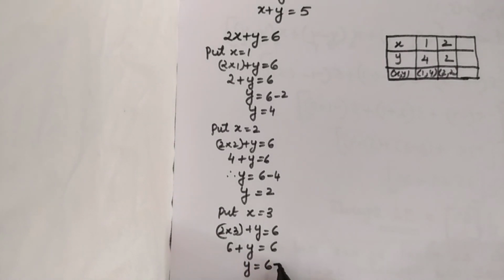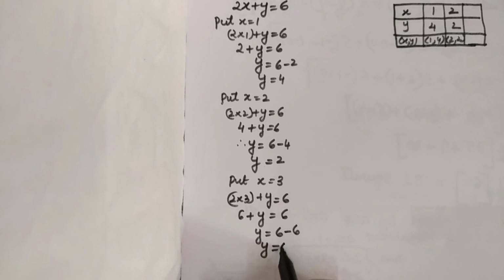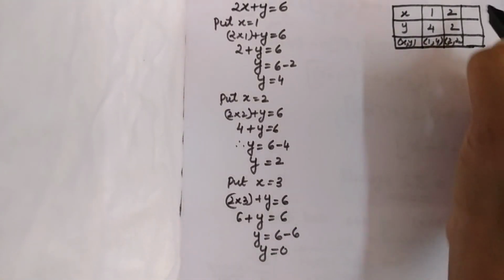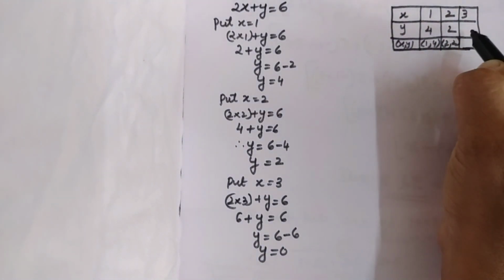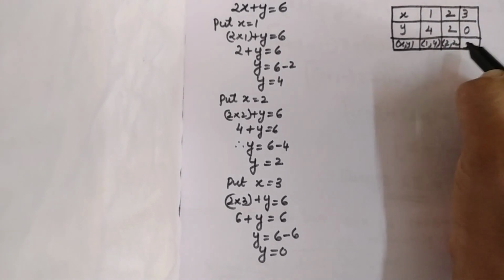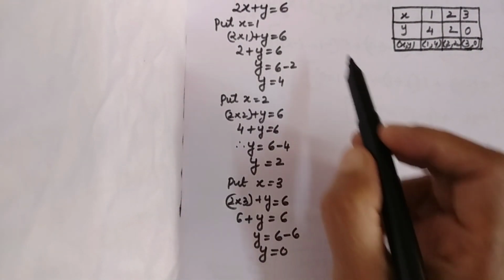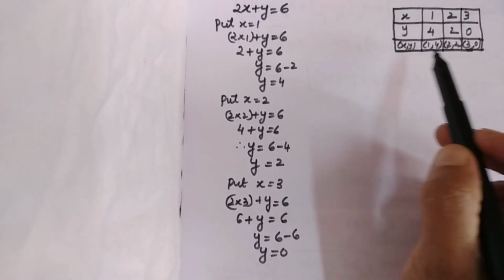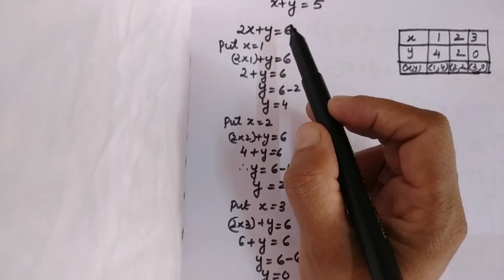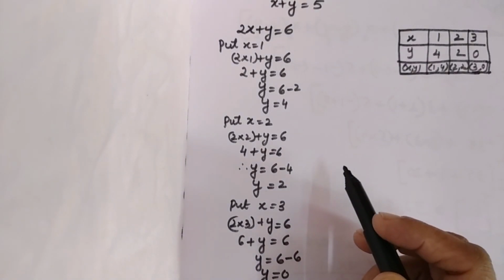Bring the 6 to the other side, minus 6. So, the value of y is 0. So, here when x equal to 3, the value of y is 0. So, this coordinate is 3, 0. So, you have got the table for the first equation, 2x plus y equal to 6.